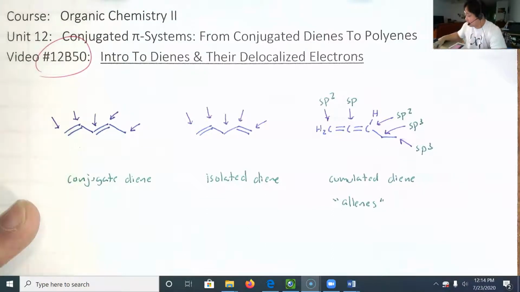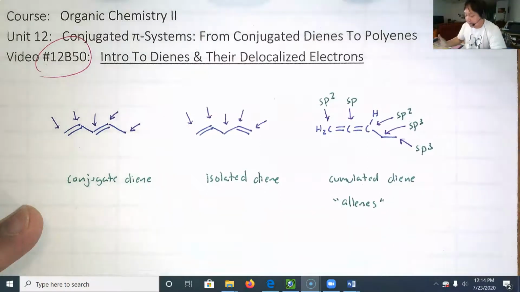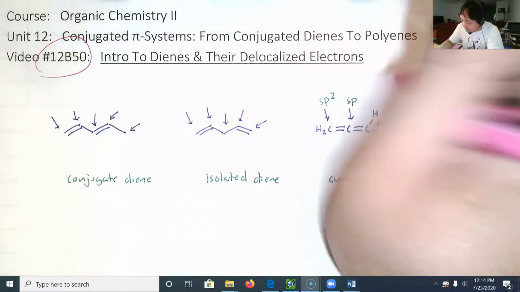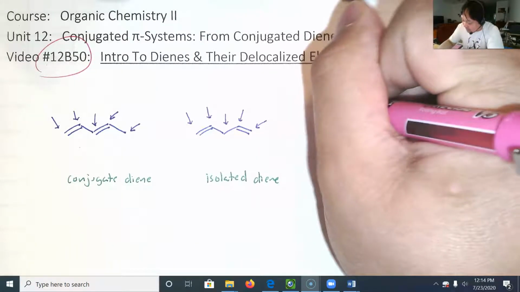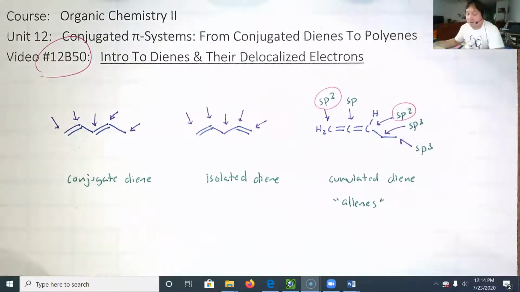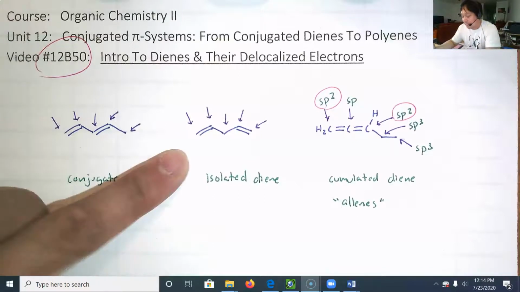I'm going to use different colors because I want to highlight the sp2s. You'll see why in just a second. Okay, what about the isolated diene?